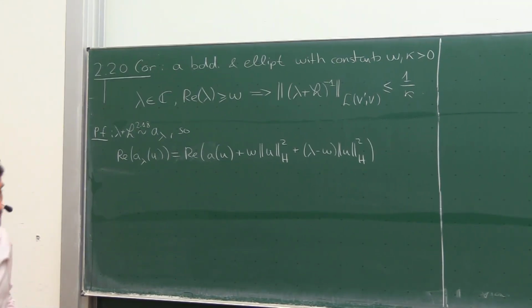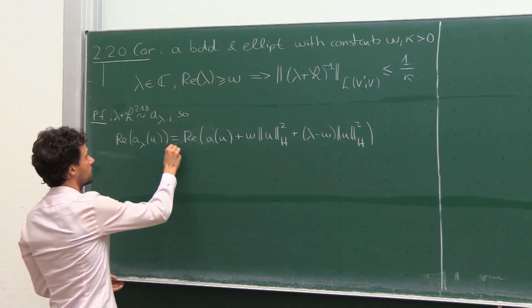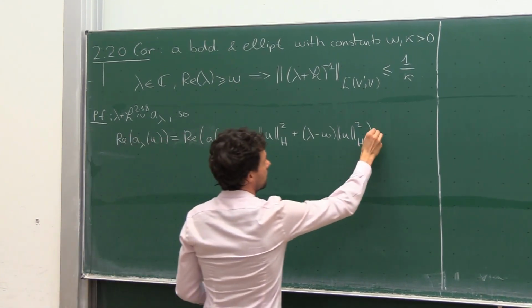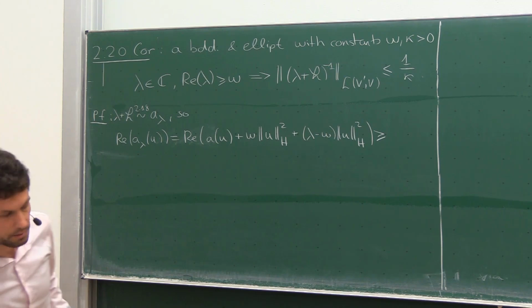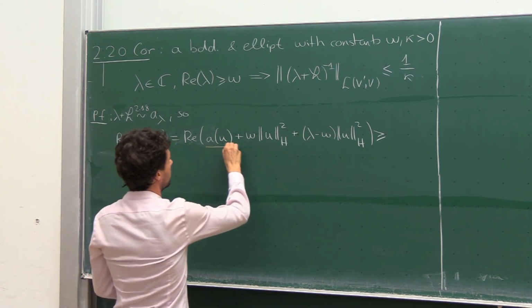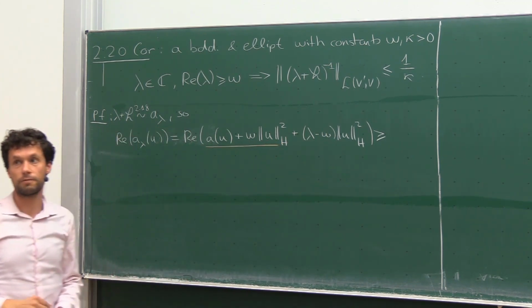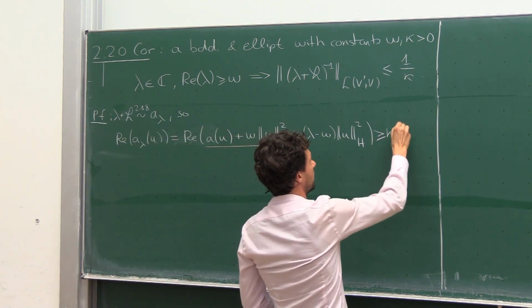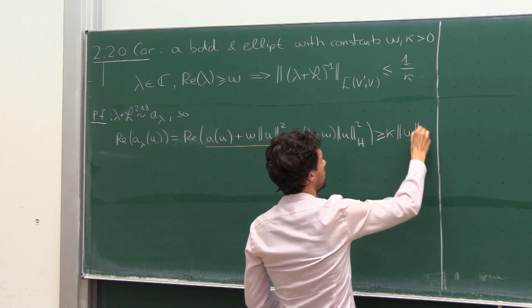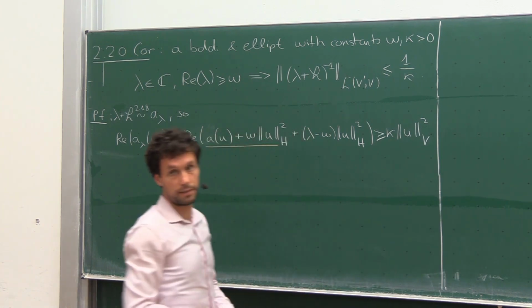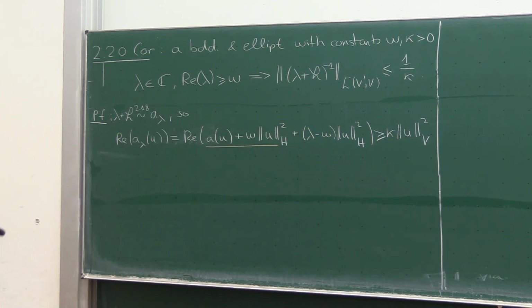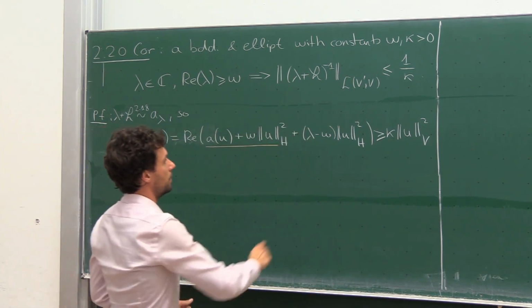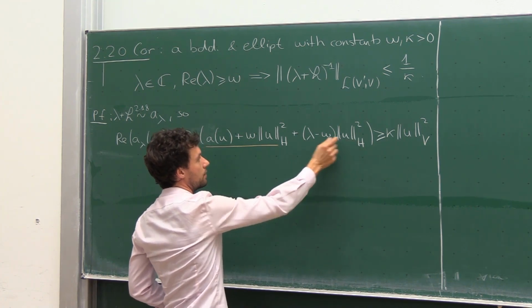And then you see, if you look at this part, it's the definition of ellipticity that says that I can control this by kappa times the V norm of u squared. And this other quantity, well, this is a positive number.